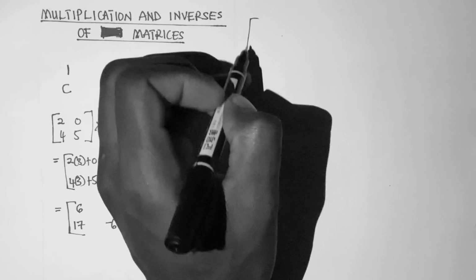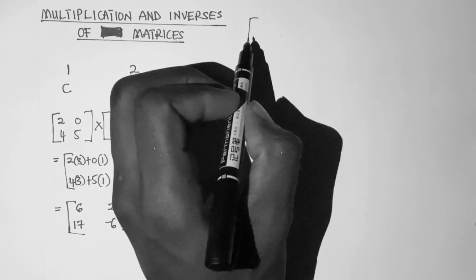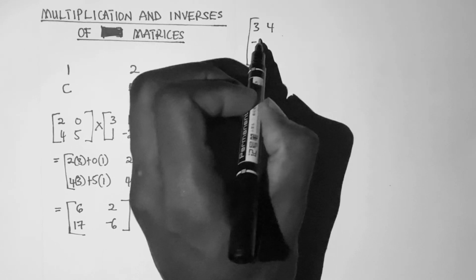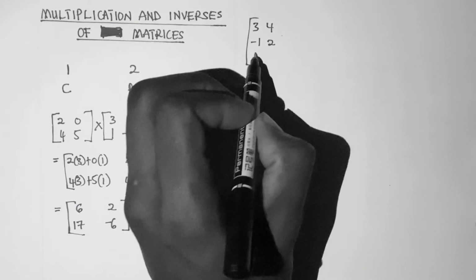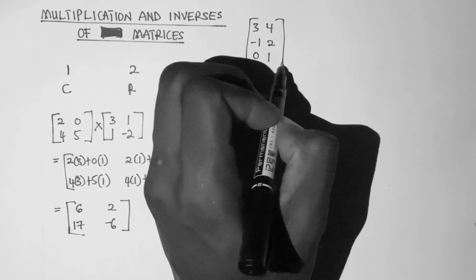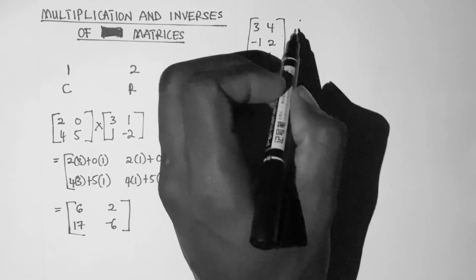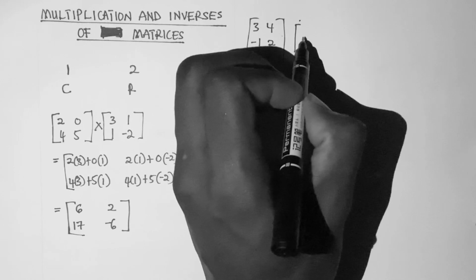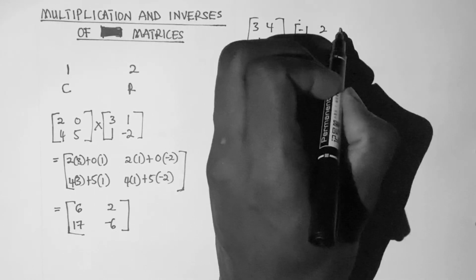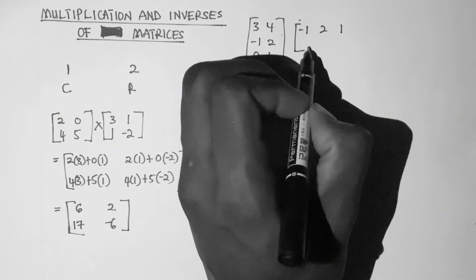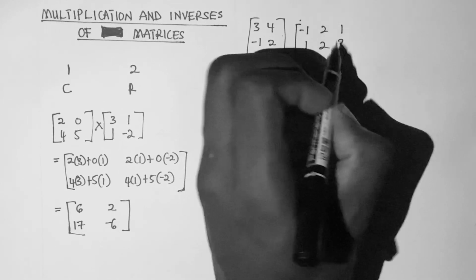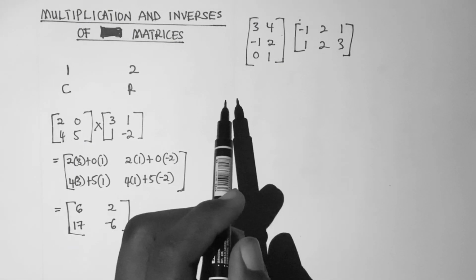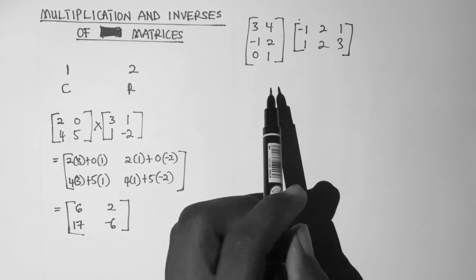Let's assume we are given this 3 by 2 matrix, which is 3 4, and then minus 1 2, and then 0 1. We are supposed to multiply by this 2 by 3 matrix, which is minus 1 2 1, and then 1 2 3. How do we multiply these two matrices? We must ensure that the condition of multiplication is first met.